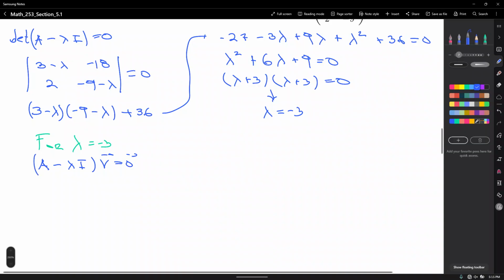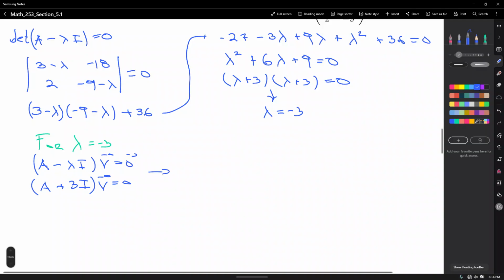Solving this system of equations is going to give us the eigenvector corresponding to the eigenvalue lambda equals -3. So here's the thing. Subtracting -3, isn't that the same as saying plus 3I? Times v equals 0. Turn this into a system of equations.